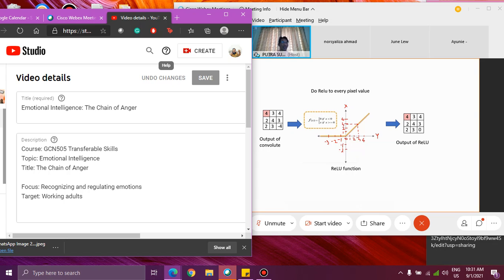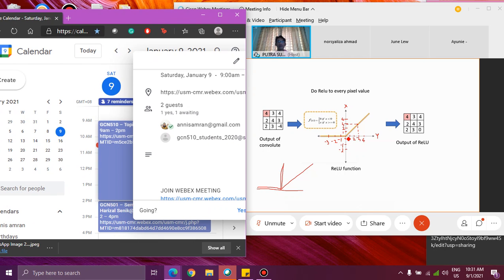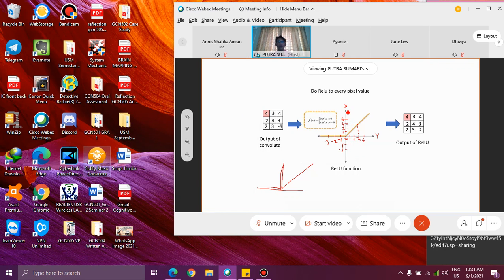When people say ReLU, you just put in your mind, okay, I know ReLU. ReLU is simply a function like this. Whatever happens in y, the output will always be 0 and above. There is no negative. So this is what we call ReLU.